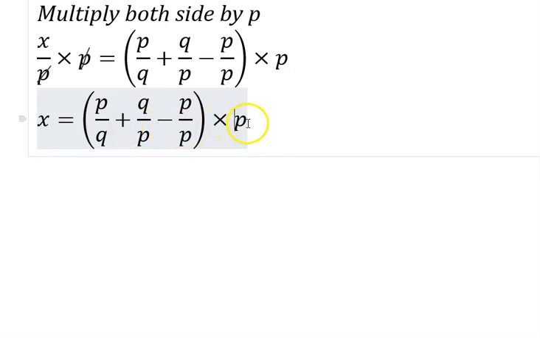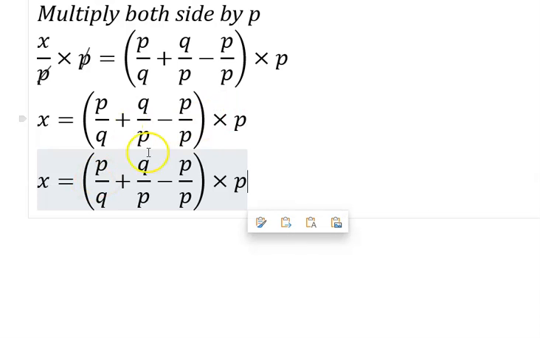All you need to do is to multiply this p by all you have in this bracket here. Awesome. So now let's say p times p over q. This is like a numerator, p times p over q. So this one will be p squared.